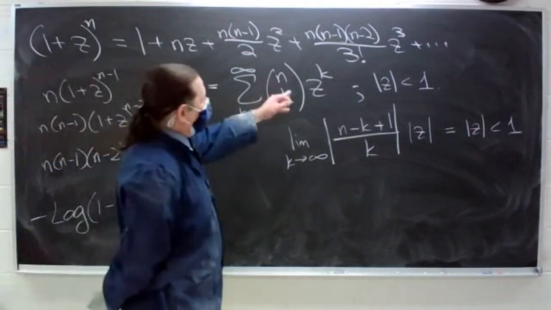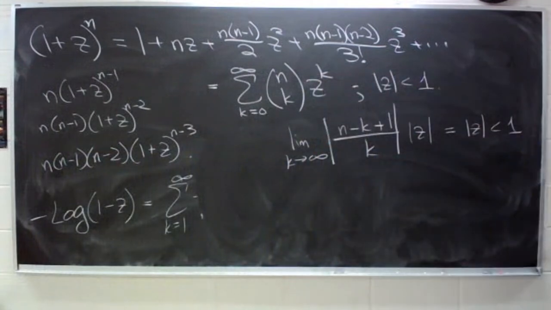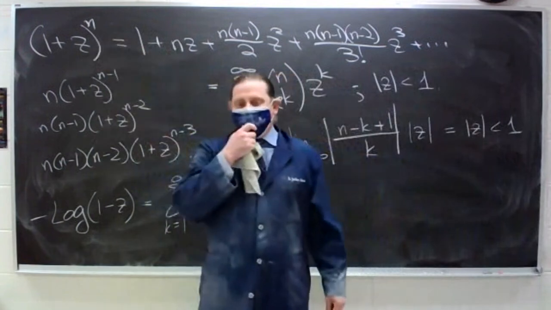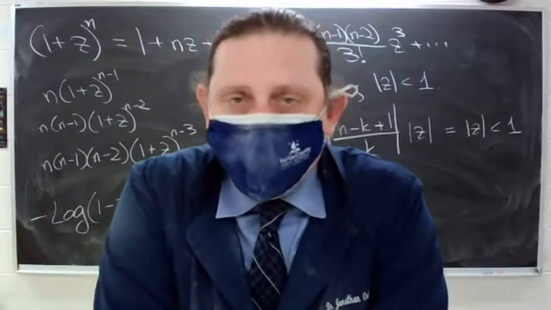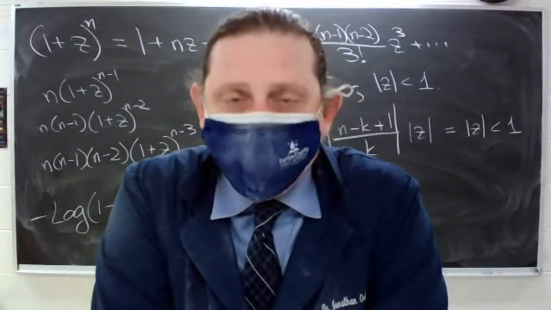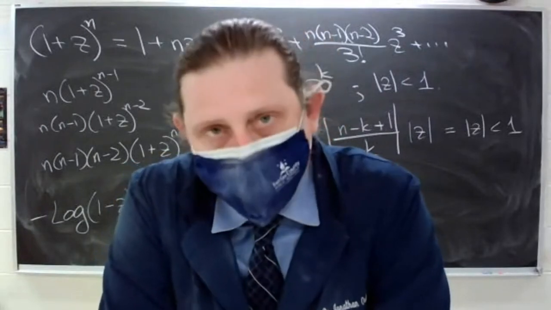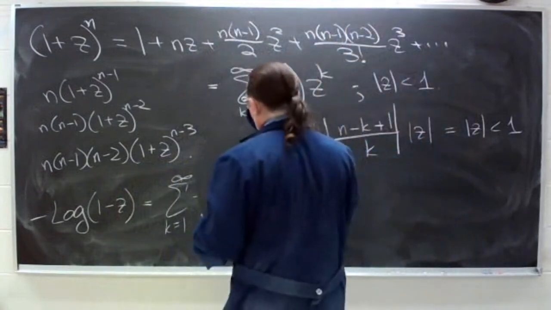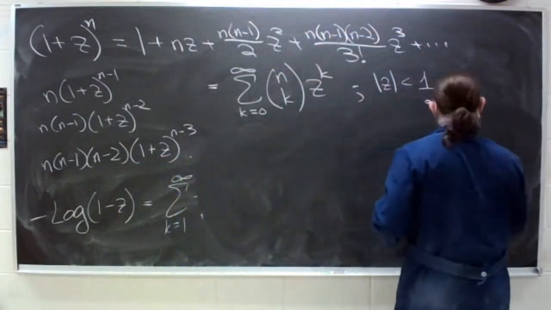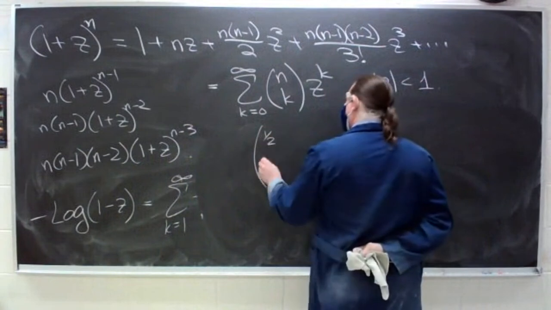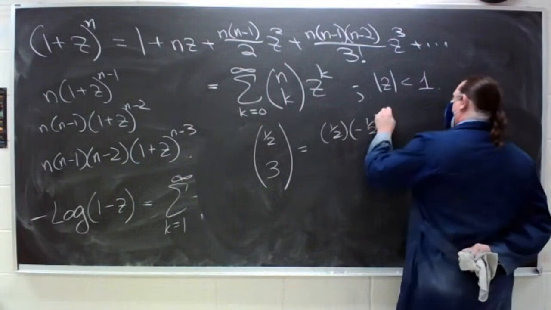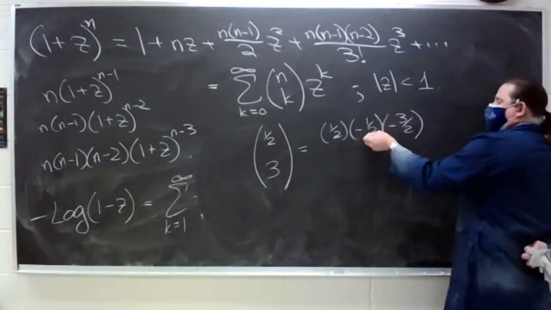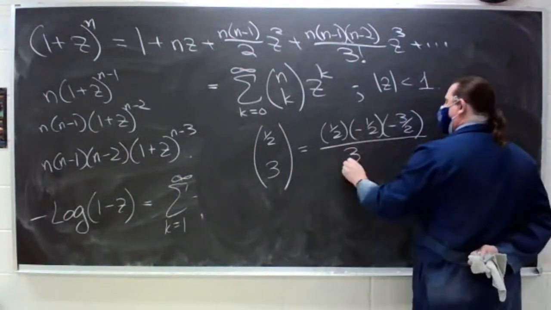This has, of course, exactly the same form as the binomial expansion has, but n does not have to be a natural number. It doesn't have to be an integer. It doesn't even have to be real. Okay? So as an example, real quickly, one, two, 3 terms, so I'm done.